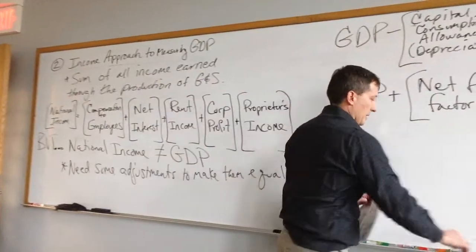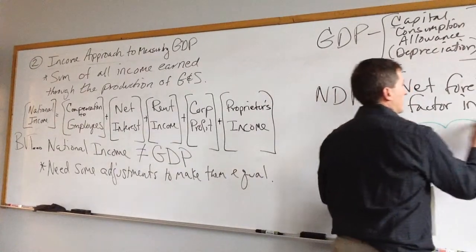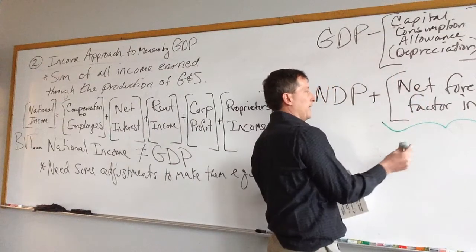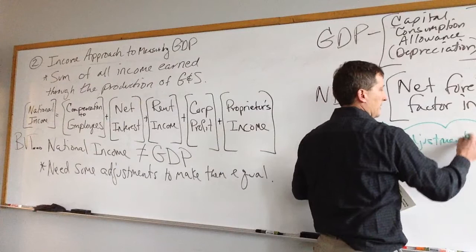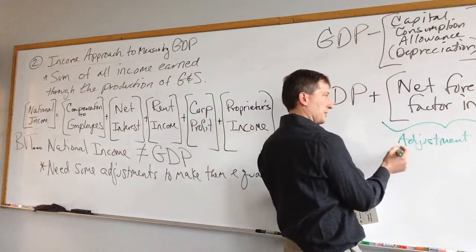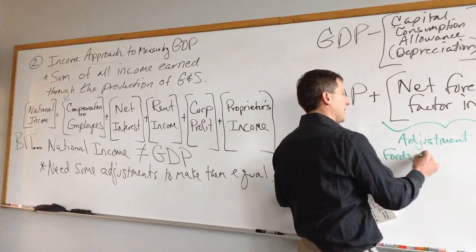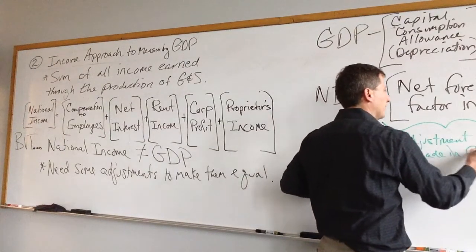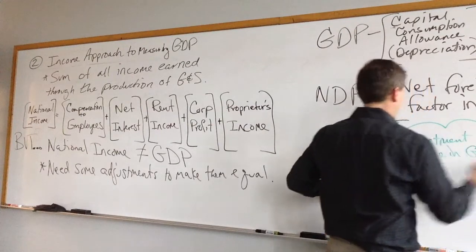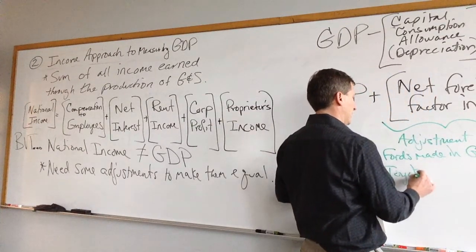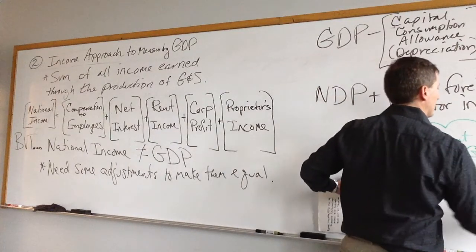So the only thing that I might want you to highlight from this equation is what I just said. Net foreign factor income is the adjustment for, I'll just leave it kind of loose here, Fords made in Germany and Toyotas made in the USA.